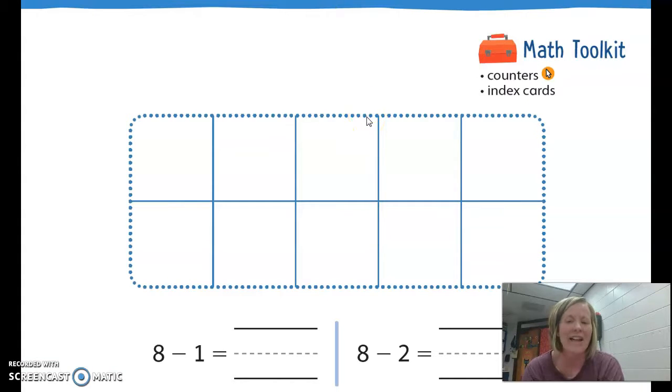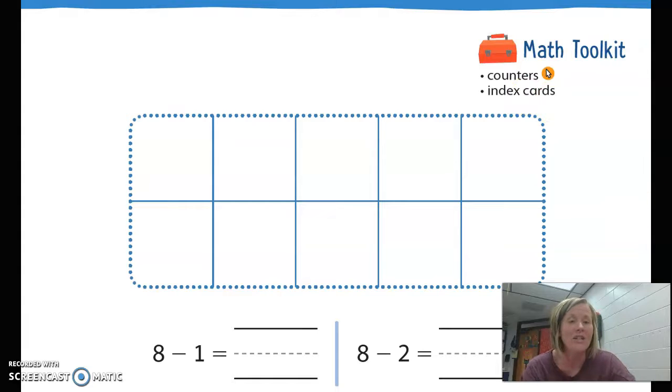It should look like this. We have a 10 frame, and then we have 2 problems we need to solve. Now, I'm going to just draw a picture because that's a little easier for Miss Martin. But if you want to use objects to put in your 10 frame, you go ahead and do that. So let's look at our first problem. 8 take away 1. So how many do I need to draw? You're right.